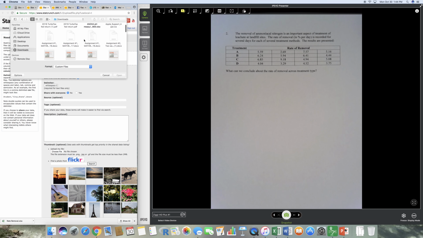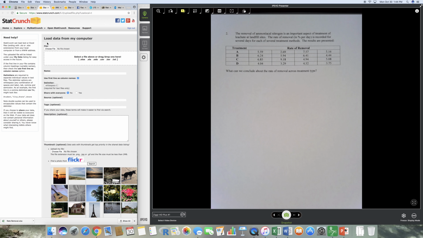And let's see if I can find this thing. pH measures, right? No, this is rate of removal. Here we go. All right, gang, that doesn't seem to be working.